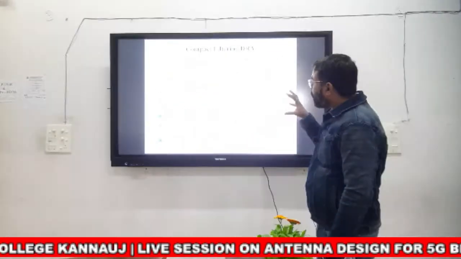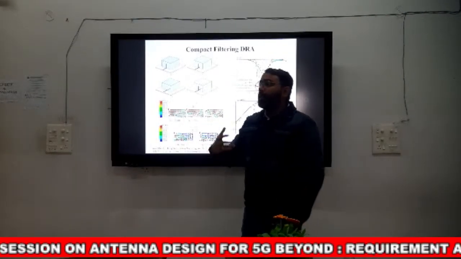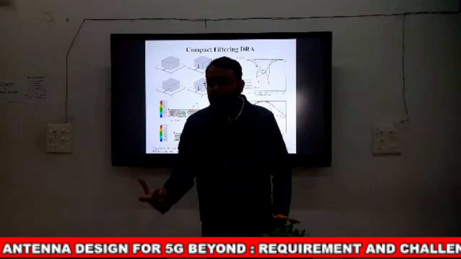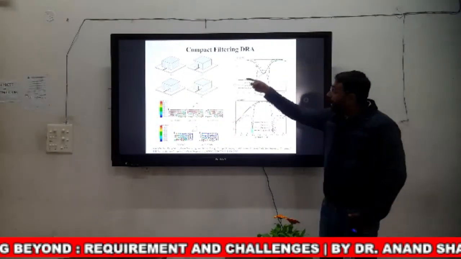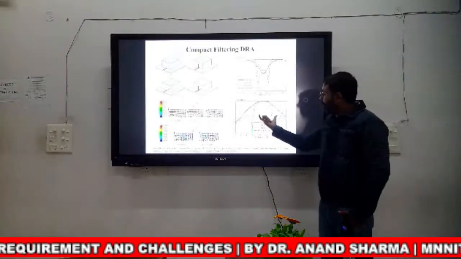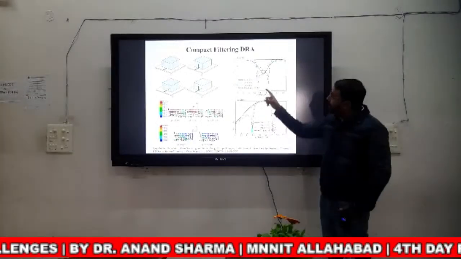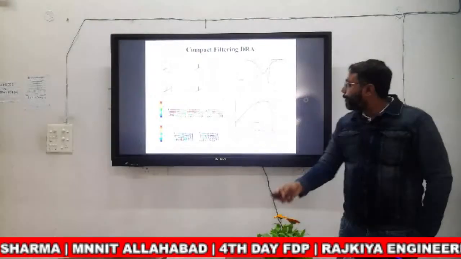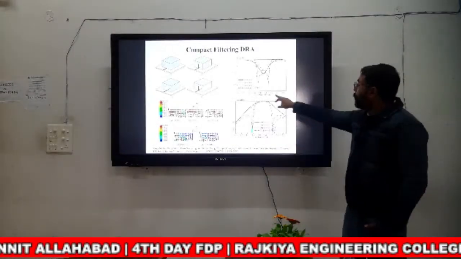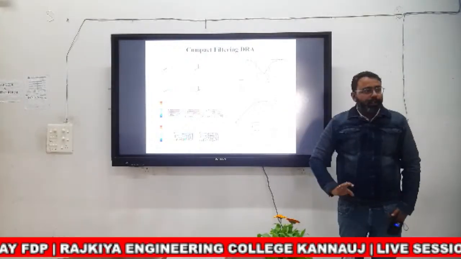In case of filtering, we are creating some radiation nulls inside the structure so that the antenna itself behaves like a filter. If you see carefully here, your operating band is from 1.7 to 2.1 gigahertz.